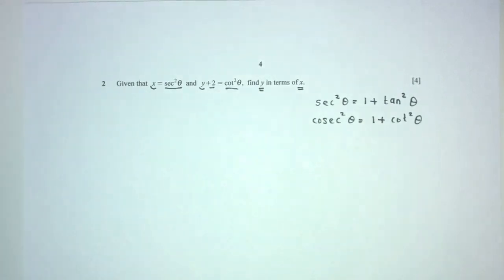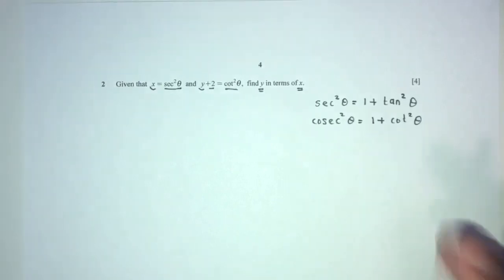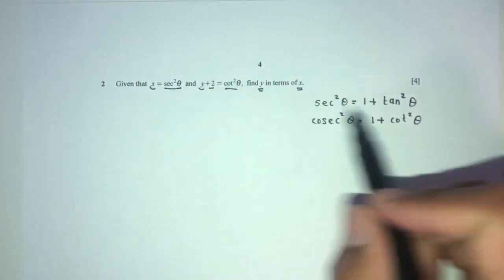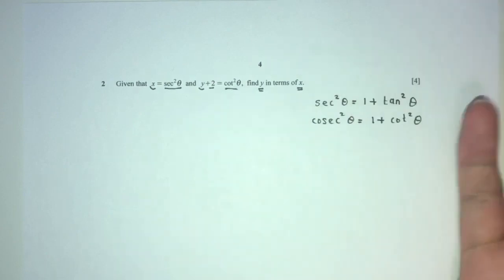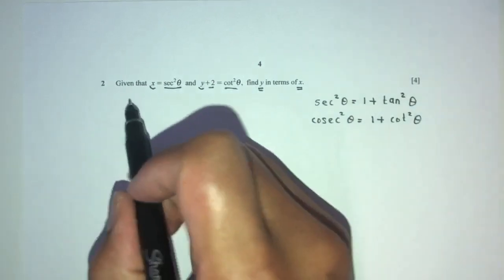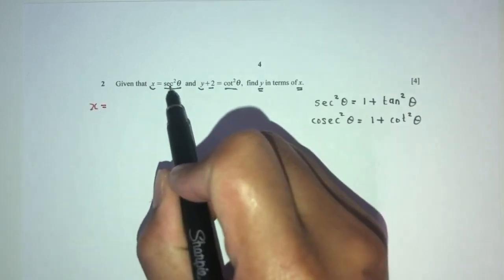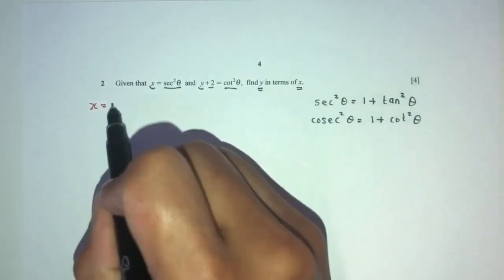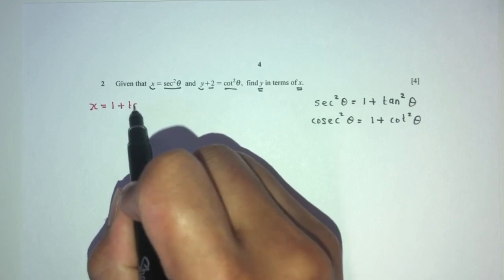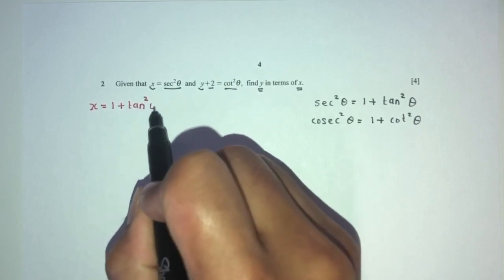Okay, so let's solve. Let's try our best to see what can be done. Okay, so sec square theta is equal to this. So we can try to replace this, see what happens. So x is equal to sec square theta, which is 1 plus tan square theta.